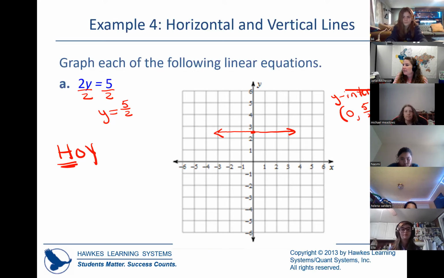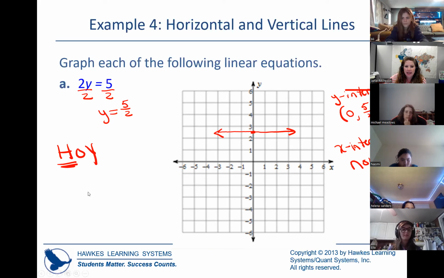Okay. Got it? So now my next question, of course, would be, what is the x-intercept? And what would you tell me? There isn't one. Good, Helena. I would just say none. There isn't one. This horizontal line will never cross the x-axis. Okie dokie. Or NA.